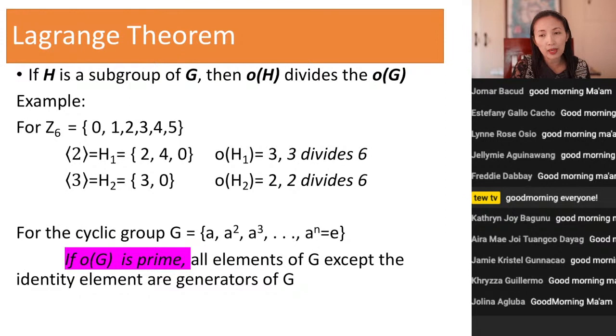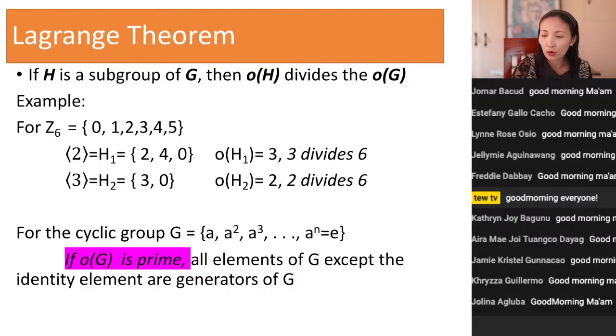So do not expect a subgroup of Z sub 6 having an order of 4, because 4 does not divide 6. And do not also expect a subgroup with an order of 5 because 5 does not divide 6. So the Lagrange theorem then allows us to predict the order of the possible subgroups of a given group.